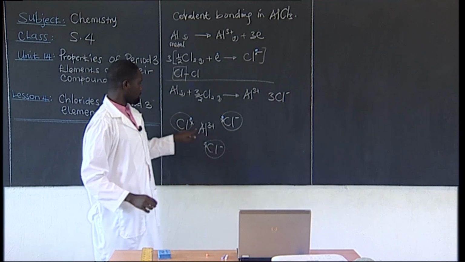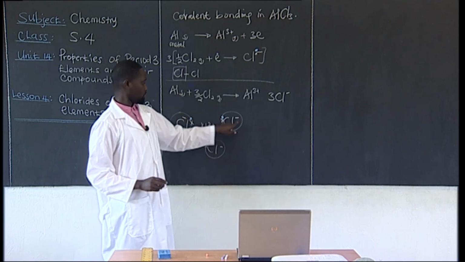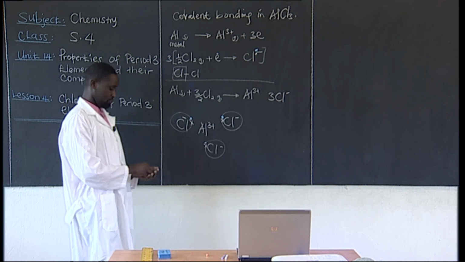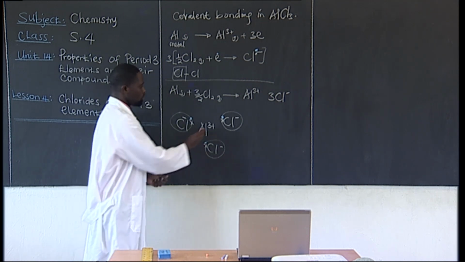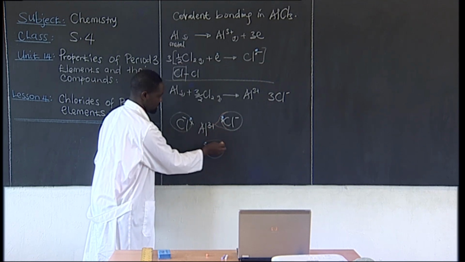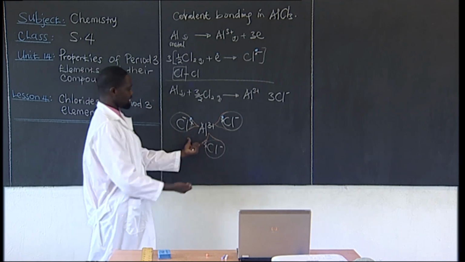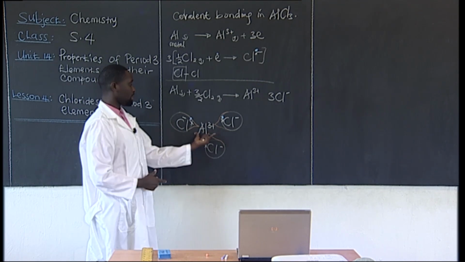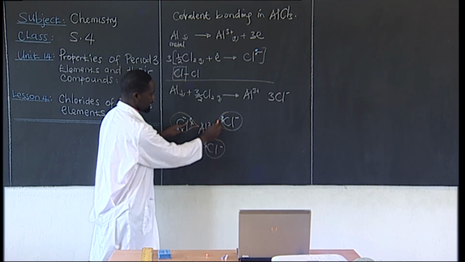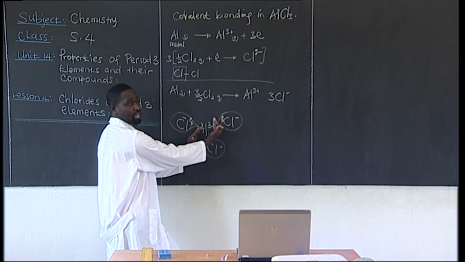A minus implies chlorine has gained an electron. Due to the high polarizing power of aluminum, it tends to attract this electron density towards this highly charged cation. So the electron density is attracted by the aluminum 3+, meaning that the electrons on the chlorine will be pulled towards aluminum.